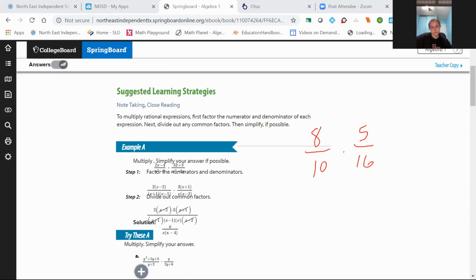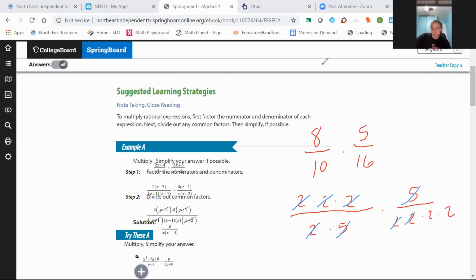So 8 would be 2 times 2 times 2, and 10 would be 2 times 5, and then 5 would just be 5. 16 would be 2 times 2 times 2 times 2. And then now all we have to do is cancel anything from the top with anything from the bottom. So we're going to cancel a 2 there, a 2 there, a 2 there, a 5 there.